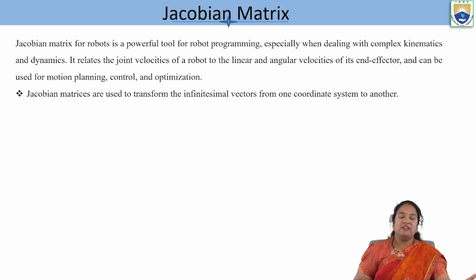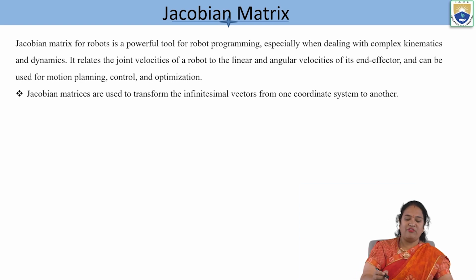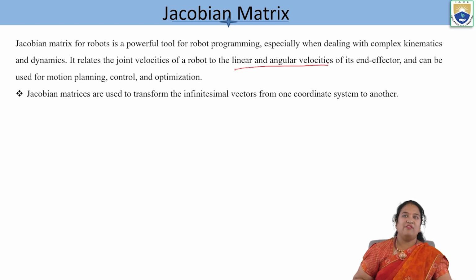Where in the Jacobian matrix, we will be solving the matrix with the help of the joint velocities of a robot's end effector, where the joint velocities generally will be in terms of linear and angular velocities of the end effector, where we plan the motion, or the control of the motion analysis or the optimization of the motion analysis will be done.